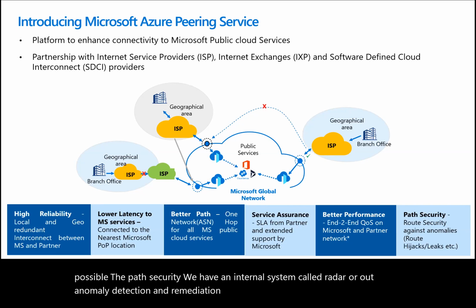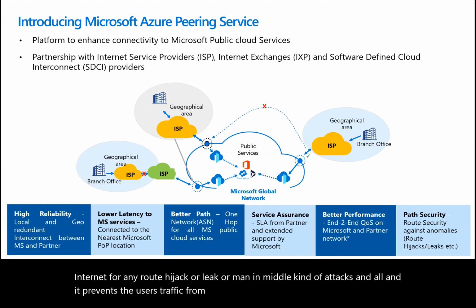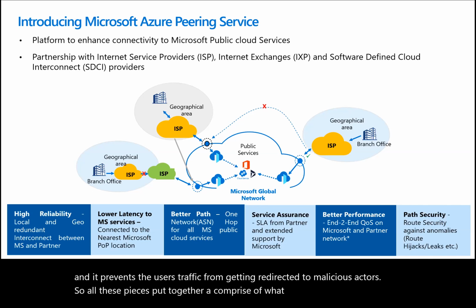It's a very enhanced and advanced version which monitors the route for its authenticity while learning over internet, for any route hijack or leak or man-in-the-middle kind of attacks. And it prevents the user's traffic from getting redirected to malicious actors. So all these pieces put together comprise what we call the Microsoft Azure Peering Service.